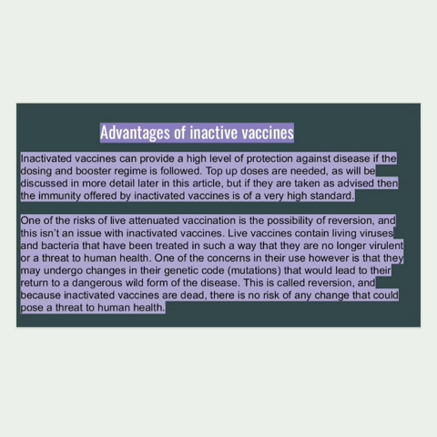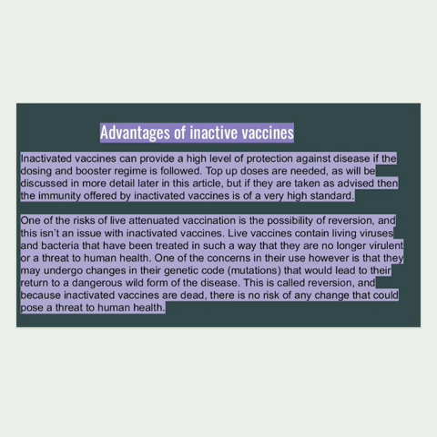One of the risks of live attenuated vaccination is the possibility of reversion, and this is not an issue with inactivated vaccines. Live vaccines contain living viruses and bacteria that have been treated in such a way that they are no longer virulent or a threat to human health.